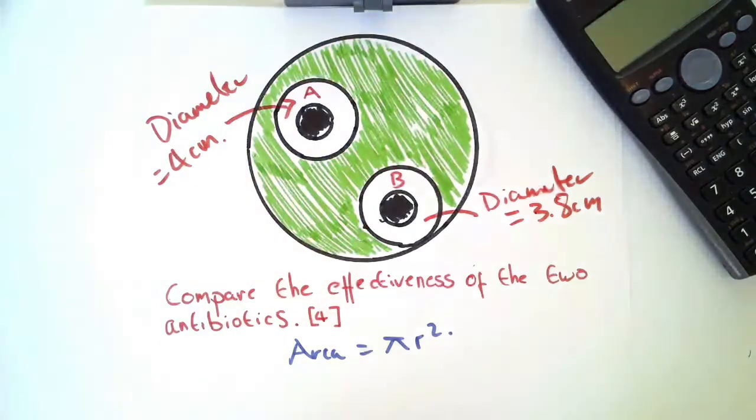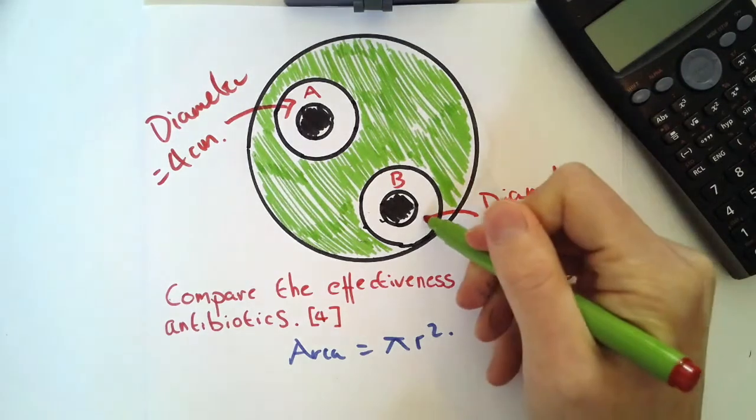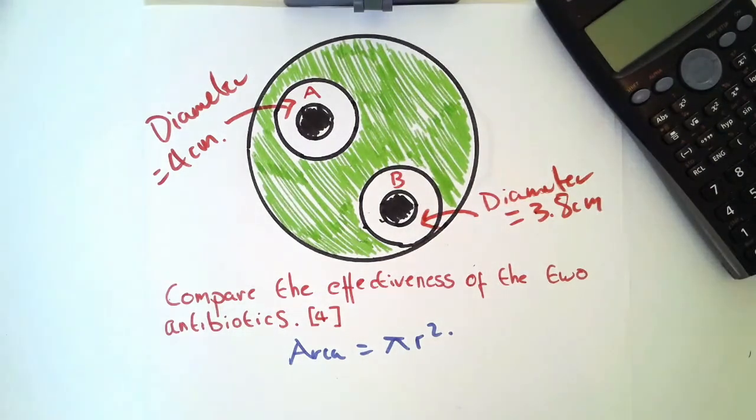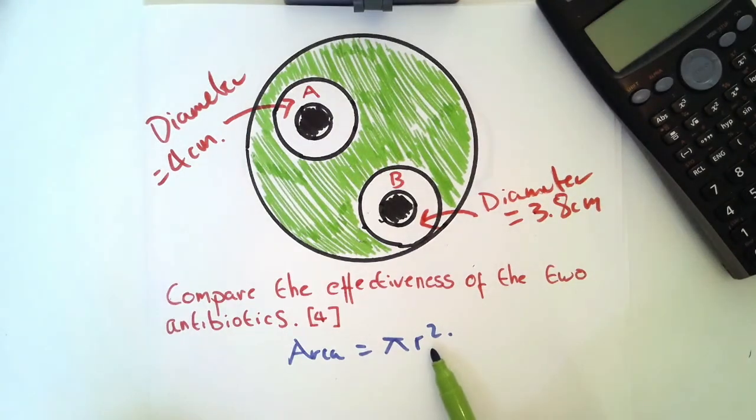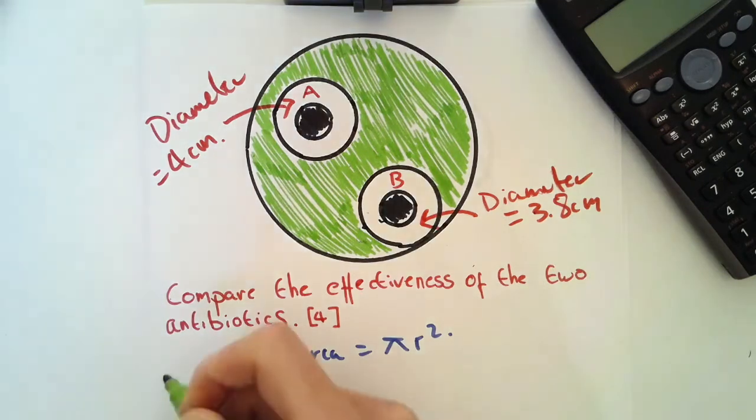Okay, it doesn't matter whether you use millimeters or centimeters, but you need to make sure that you keep it the same for each, and then it's just a case of putting those numbers into your calculation here. And a common mistake to make is that you see R here is radius, so you need to half these numbers.